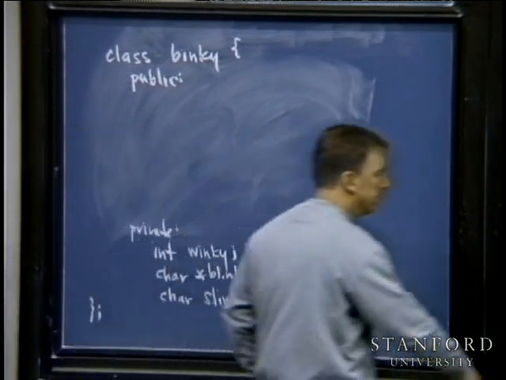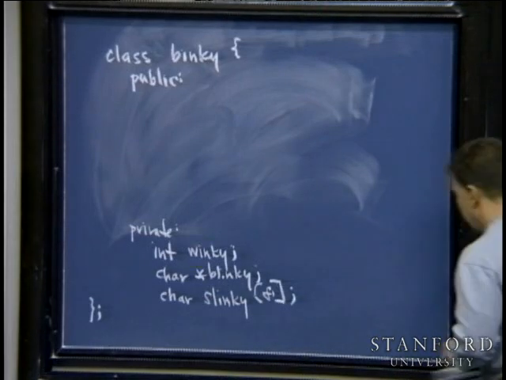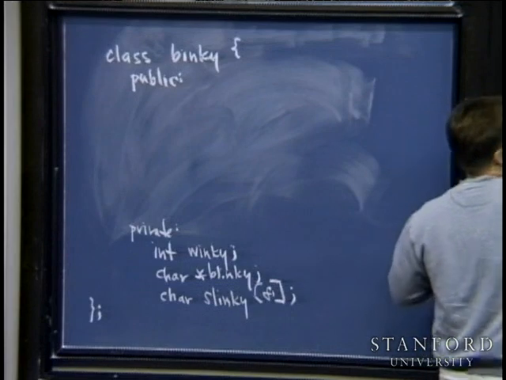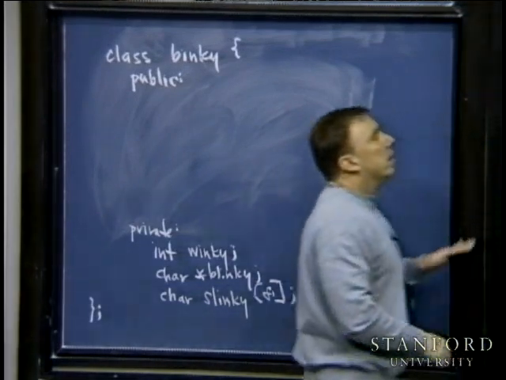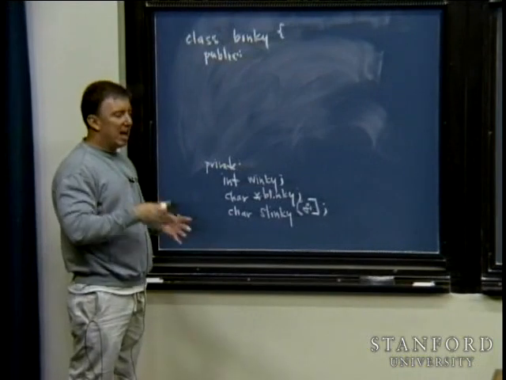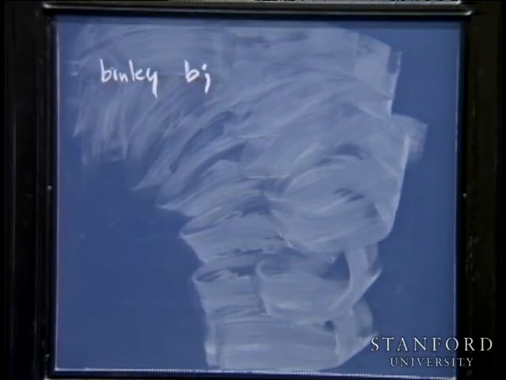Every single time you declare one of these Binky records or Binky objects, it shouldn't be that alarming that you get a blob of memory that packs all the memory needed for these three fields into one rectangle. And it uses exactly the same layout rules.